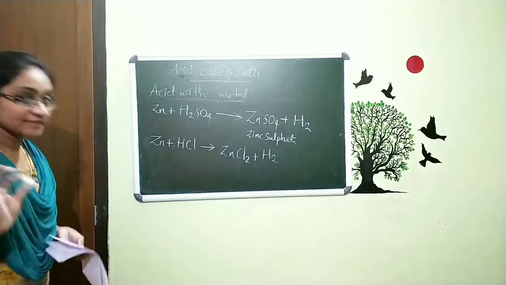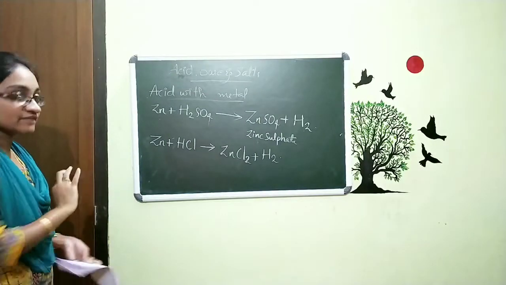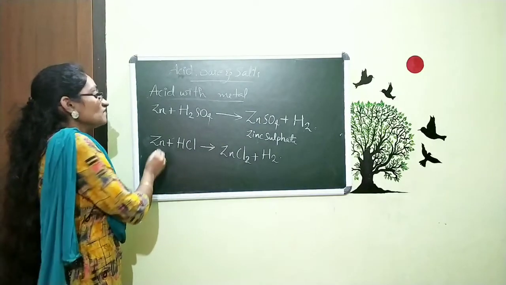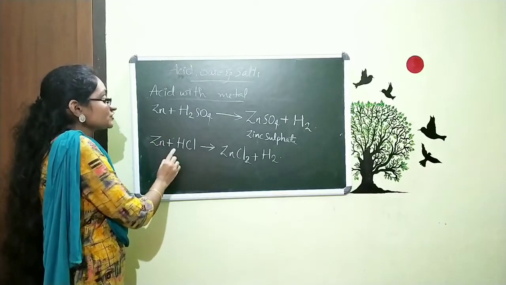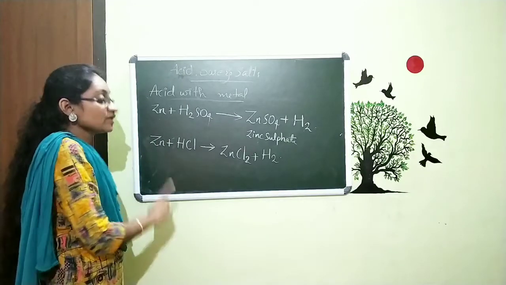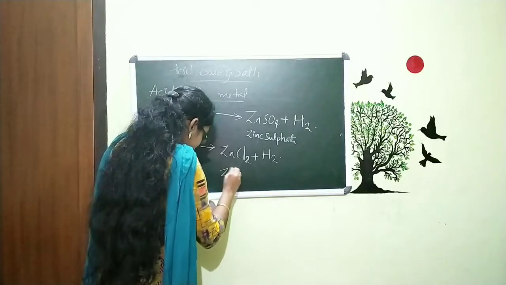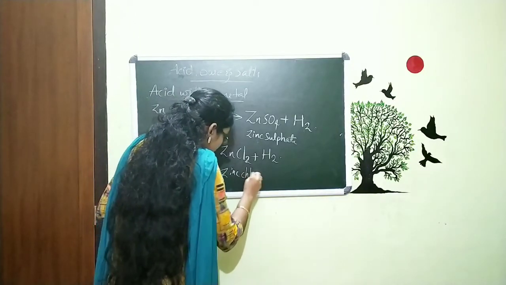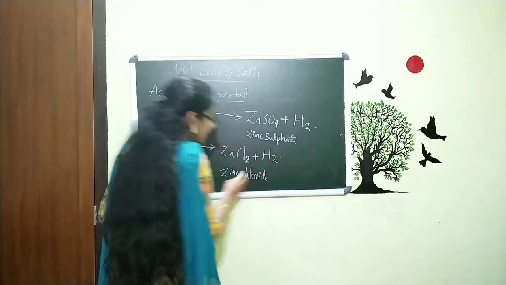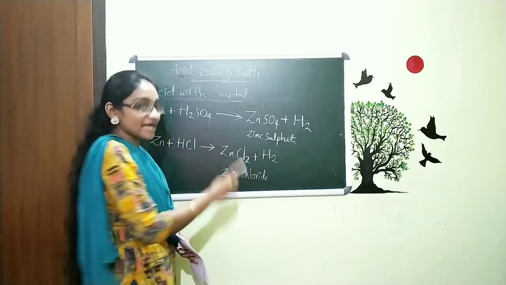This is the reaction, but now it is not balanced. I will balance it. When zinc reacts with hydrochloric acid, we get the product zinc chloride. Here zinc chloride is the salt, and also the hydrogen gas.